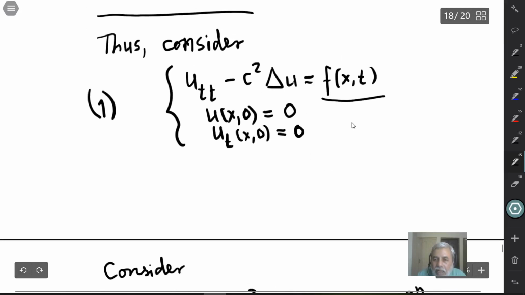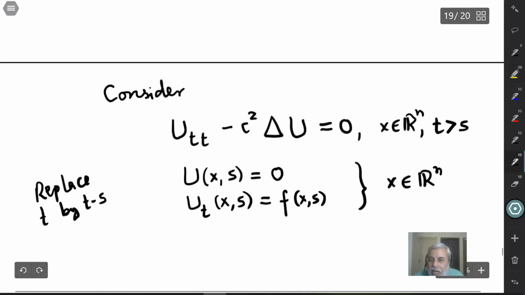So now we are fixing this s, so this is just a function of x only. And we will try to determine this solution for t bigger than s, where s is greater than or equal to 0, arbitrary, but for the time being it is fixed.